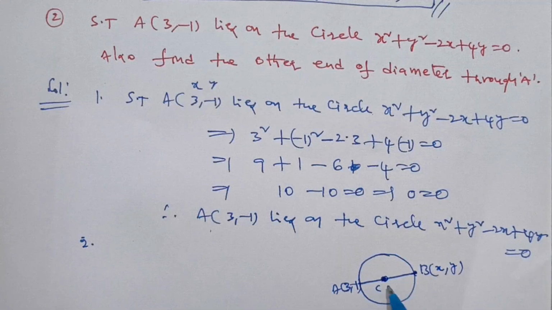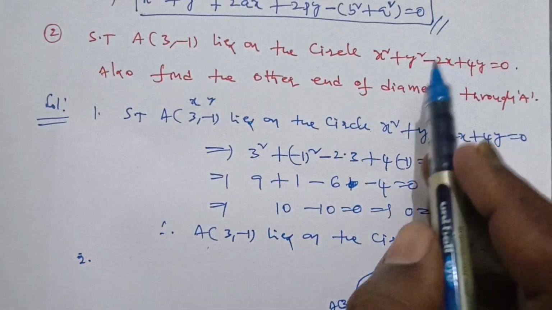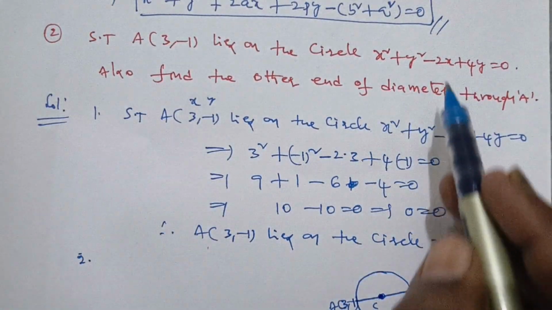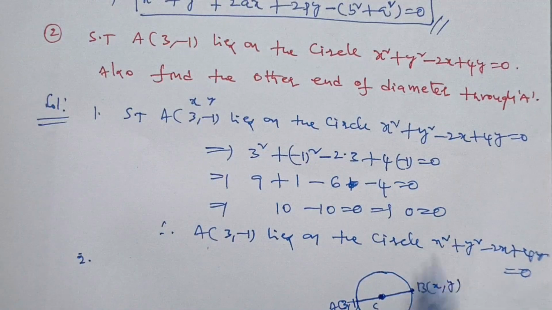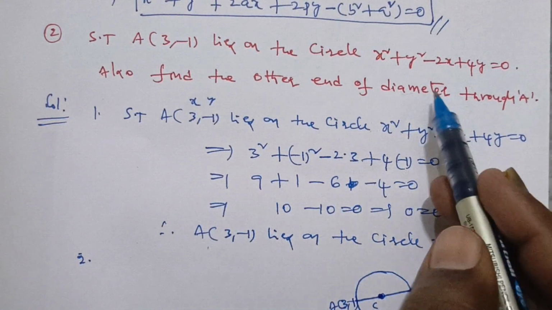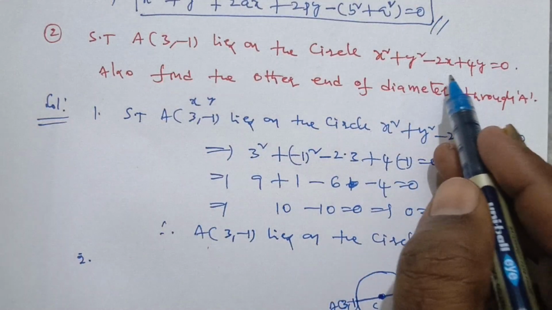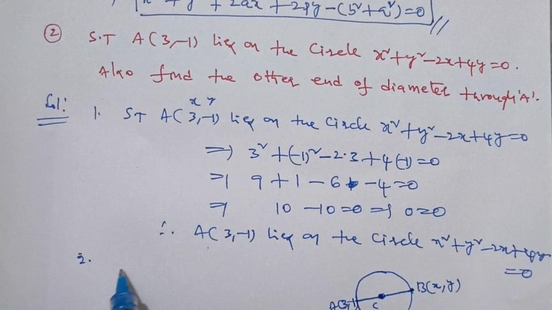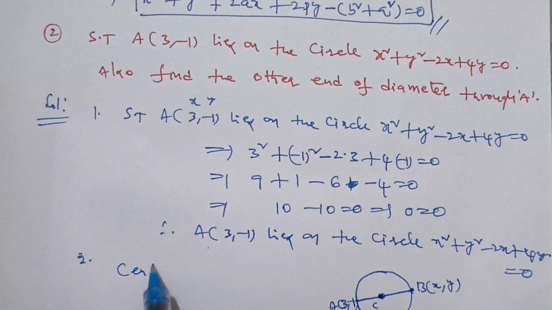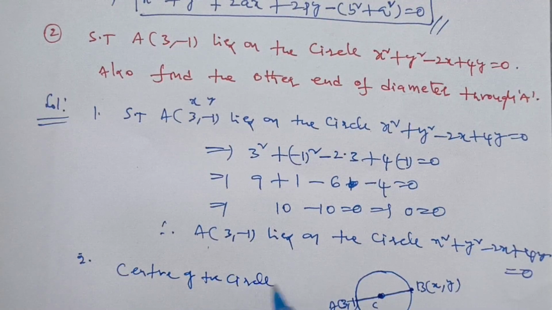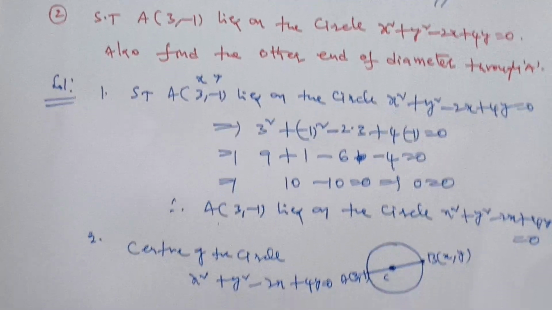So here, this is the circle equation. From the circle equation we will find the center. What is the center of the circle x square plus y square minus 2x plus 4y equals to 0?